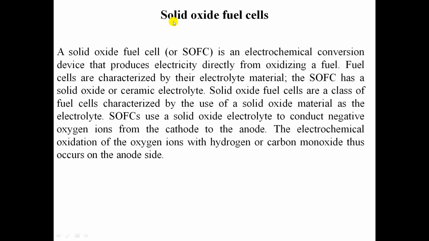The electrochemical oxidation of oxygen ions with hydrogen or carbon monoxide thus occurs on the anodic side. Solid oxide fuel cells use a hard ceramic compound of metals like calcium or zirconium oxides as an electrolyte.